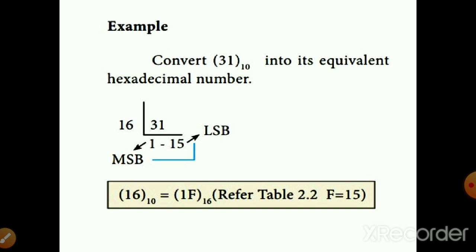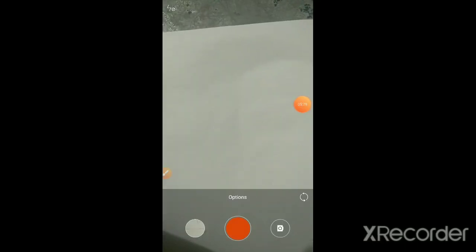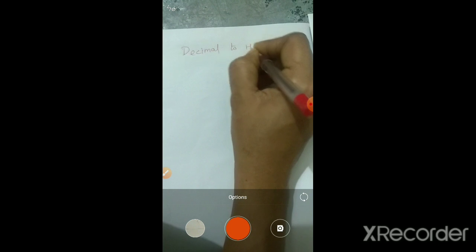Now let us convert 31 into its equivalent hexadecimal.